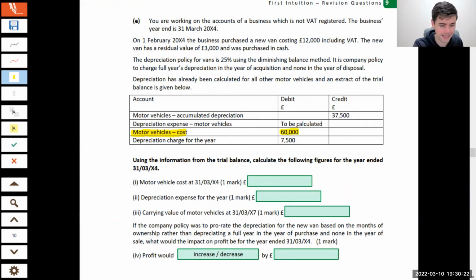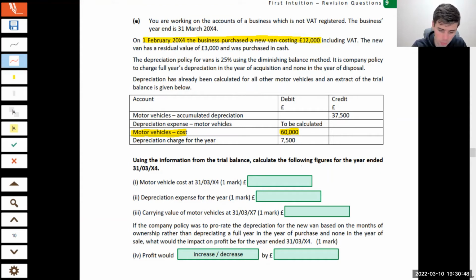As we can see, I've already got amounts in there of £60,000. So there's other assets, there's some other motor vehicles. But the question I'm asking is, at the end of this year, have I purchased any more? Well, actually, come to mention it, yeah, I did. I purchased a new van for £12,000. So when I come to post the relevant debits and credits, I'm not doing them in this question, but those debits and credits would still be happening behind the scenes.